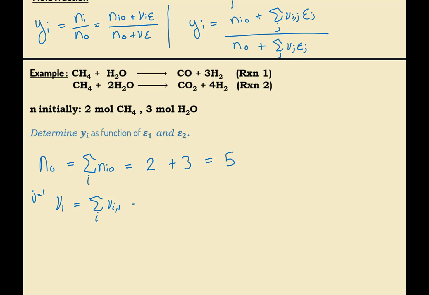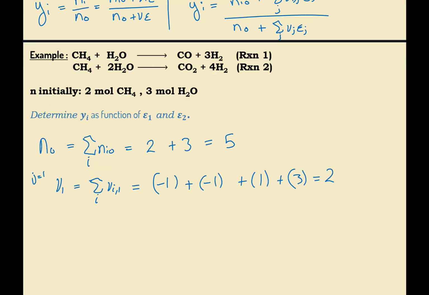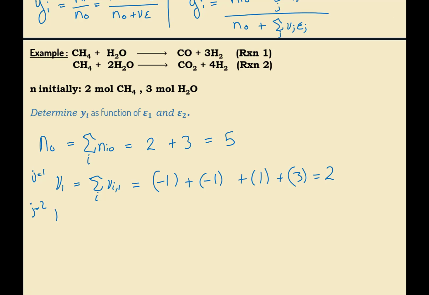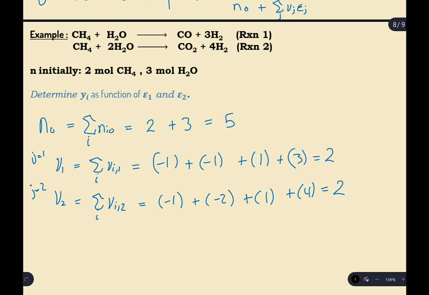So what is that going to equal? -1 plus -1 plus 1 plus 3. So we get 2. And then for the second reaction, V2 equals the summation over all species of VI for reaction 2, which equals -1 plus -2 plus 1 plus 4. Again we get 2. Alright, so we got the initial number of moles.